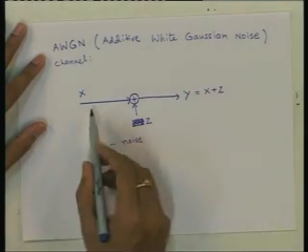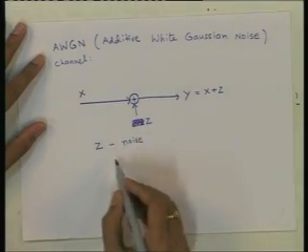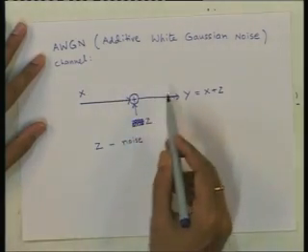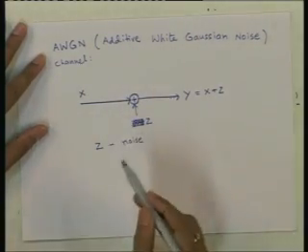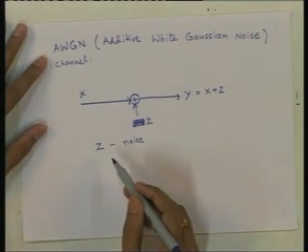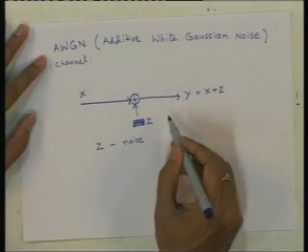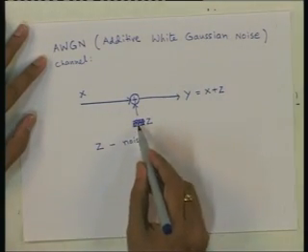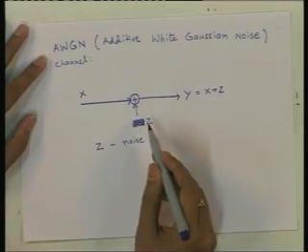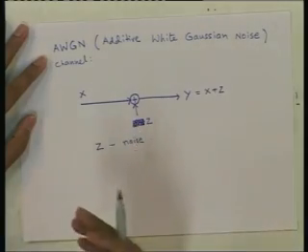So, this is additive because the noise is added to the transmitted signal, then it is white because the noise is assumed to be white noise, that is, when we use the channel many times in sequence, the noise samples are independent.